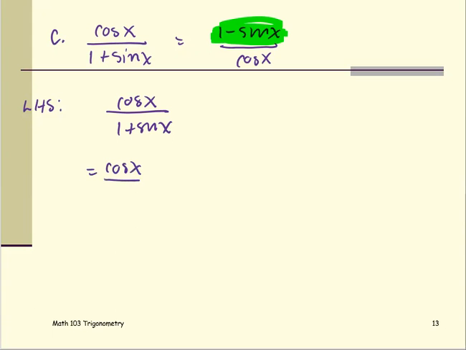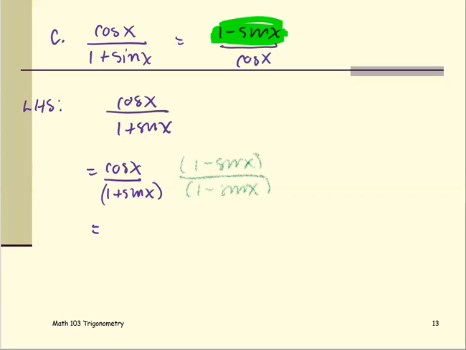Copy it down, cosine x over 1 plus sine x. To make the numerator have that expression, we're going to multiply the top by 1 minus sine x. When you multiply the top by 1 minus sine x, you do the same for the denominator.